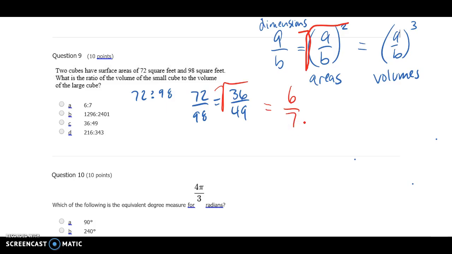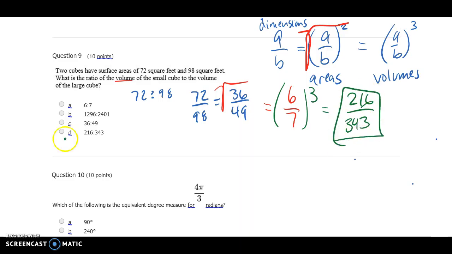But we need the ratio of the volumes, so to get there, we just cube it. So our final answer will be 216 over 343, which is answer choice D. Okay, not too bad at all.